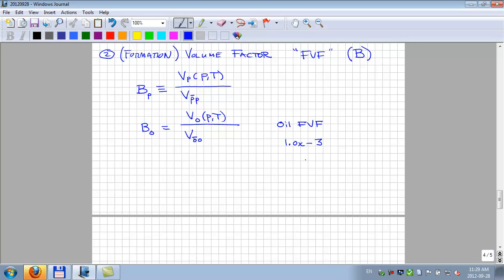And typically, in today's oil reservoirs, it's ranging somewhere between 1.2 and 2 for most oil fields.